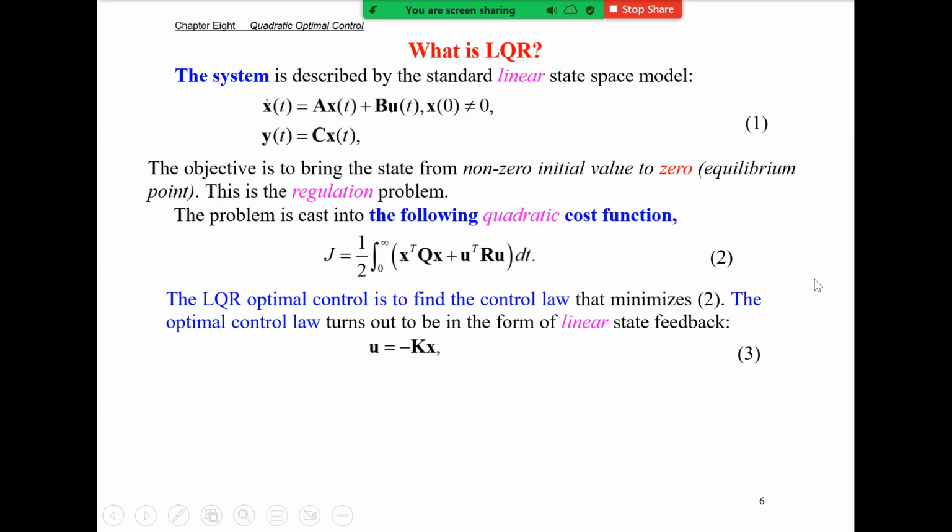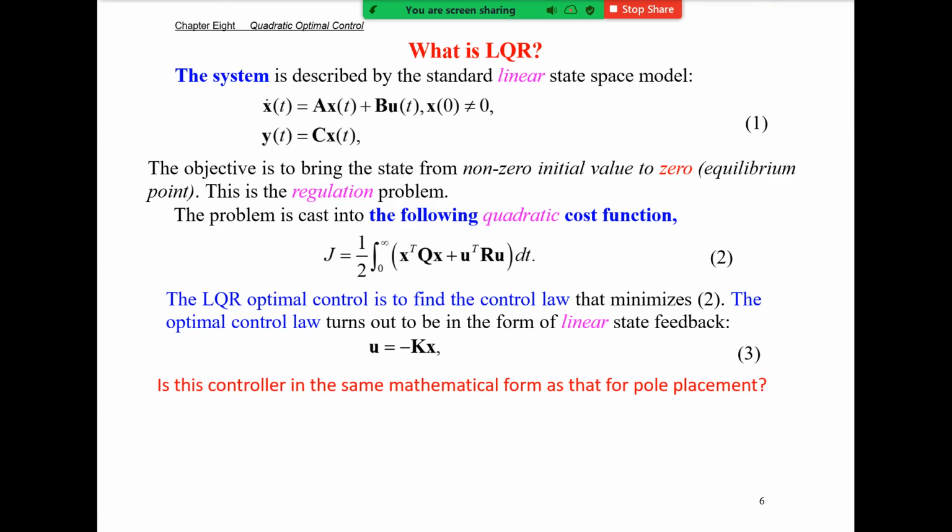Later we're going to show that the mathematical form of this control law will be like this: the input u equals minus K times x. Look at this form. Is this the controller in the same mathematical form as that for the pole placement controller?